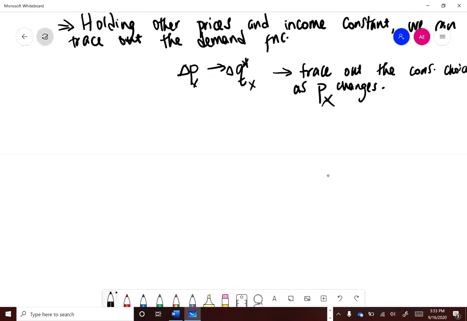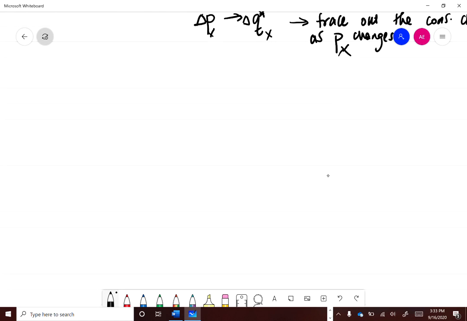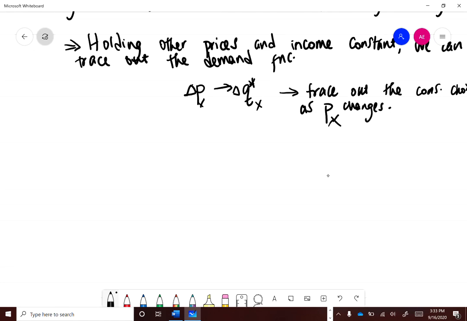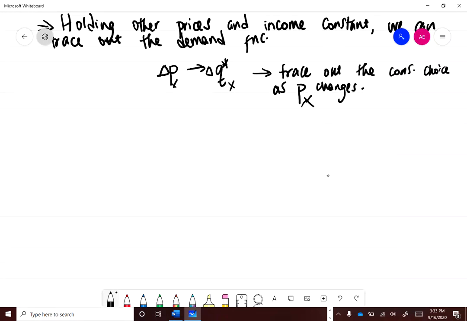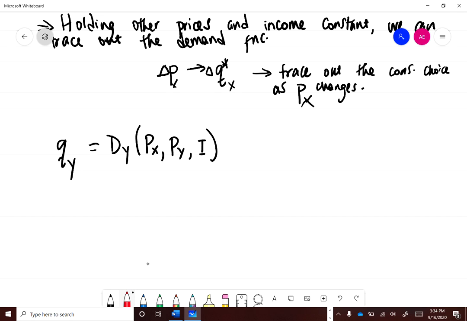Okay, so let's go ahead and jump right in. Now, there are certain things I want you to note as we go through. Right, this is going to get heavy mathematically, and we're going to be using some equations. But there are some certain things you need to just hold on to and remember what they mean. Right. So if we say Q of y is equal to d of y as a function of P of x, P of y, and I, we need to discuss what we mean here.